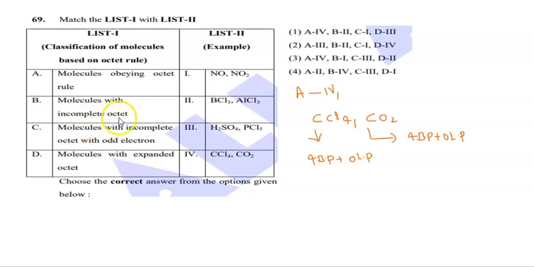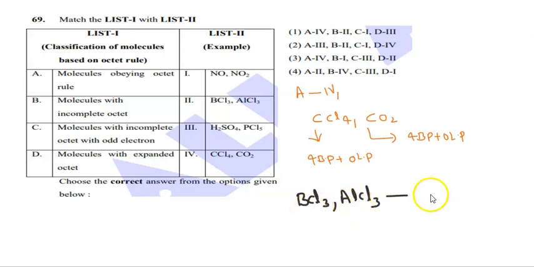Molecules with incomplete octet. Incomplete octet means the central atom utilizes all its valence electrons, but the octet is not available for the central atom. Even if it is utilizing all the valence electrons, it does not get the octet. For example, if I am going to take BCl3 or AlCl3, the central atoms are boron and aluminium.